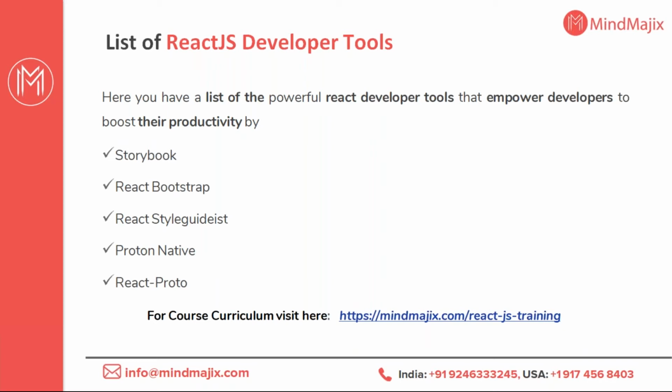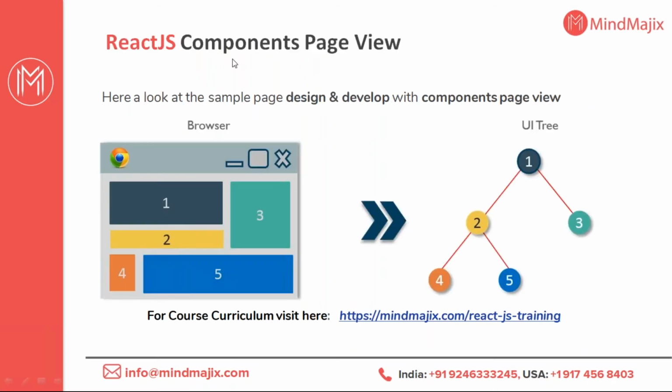So, depending upon the requirement, we will be using these developer tools. And this is what you are going to build as a page in HTML: a header, banner, some strip, a sidebar panel, maybe a left-hand side panel, and a container like this. That is the first node, the starting point, and then it goes down.